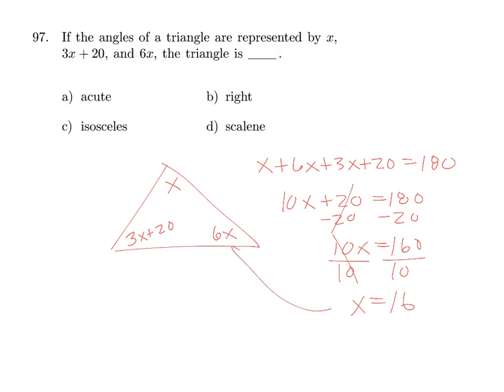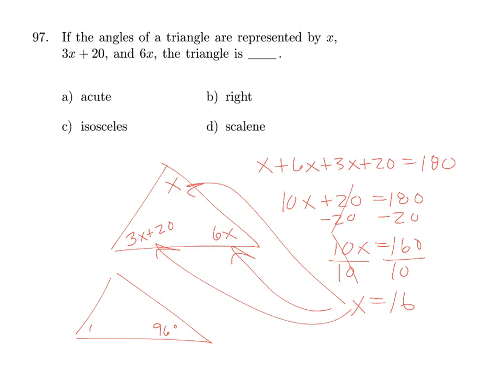I'm going to plug this in and we'll work it out. So here are the angle measurements for the triangle: 96, 68, and 16. What type of triangle is this?